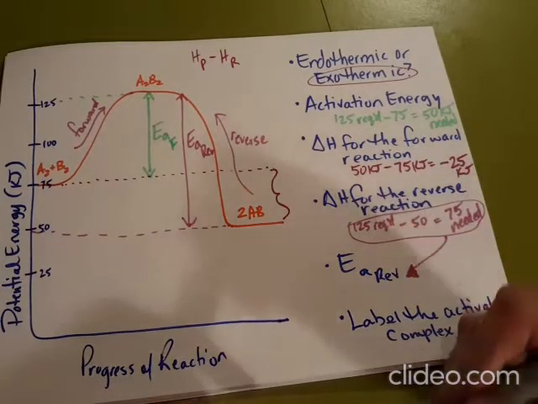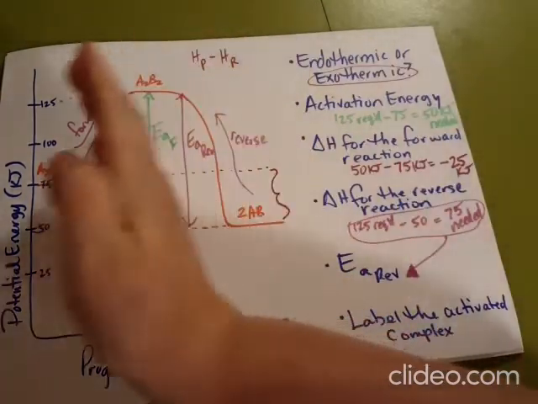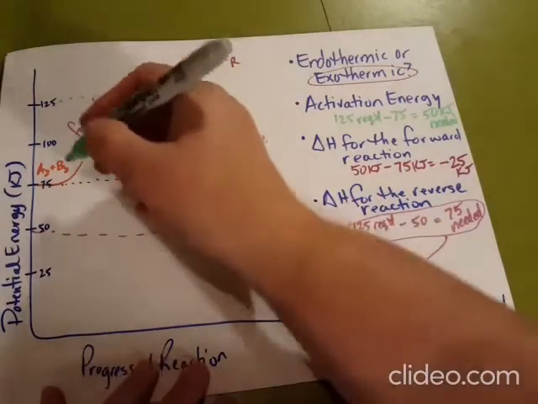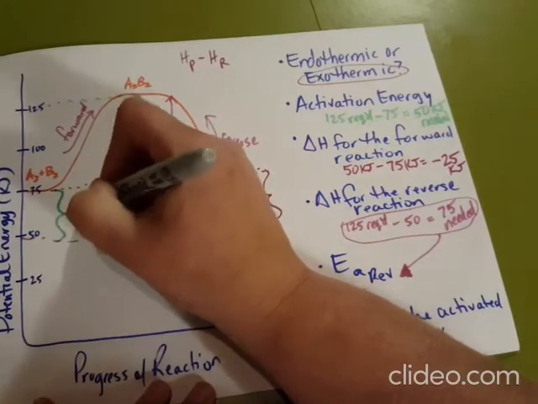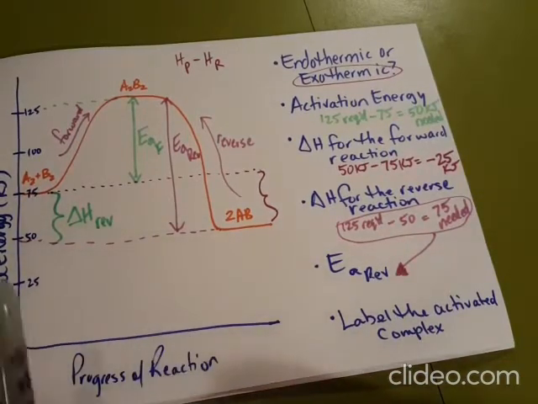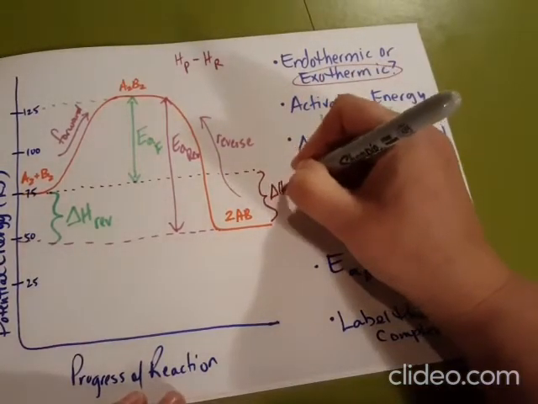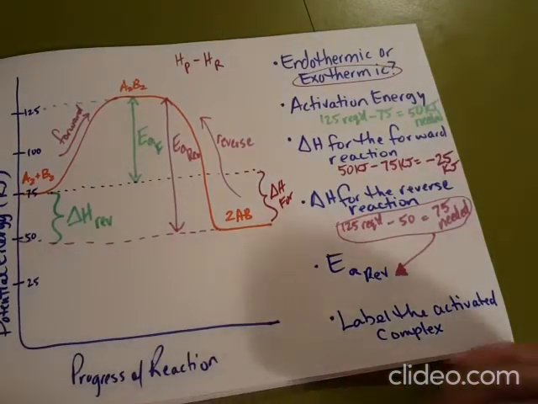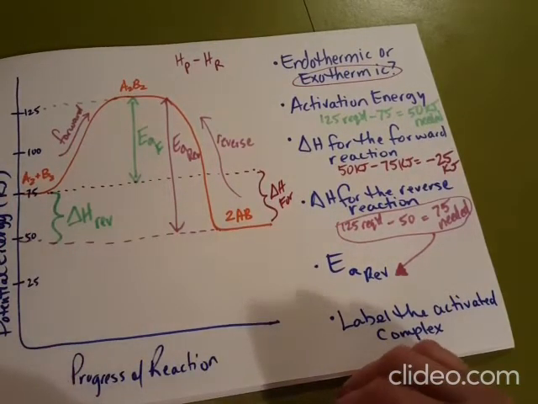In terms of the delta H, let's take a look here. We're going to compare where we started, but again, we're looking from right to left. So we're looking for the delta H of the reverse, whereas this one here was the delta H of the forward reaction. In terms of the reverse, we're going to call these our reactants and these are now our products.